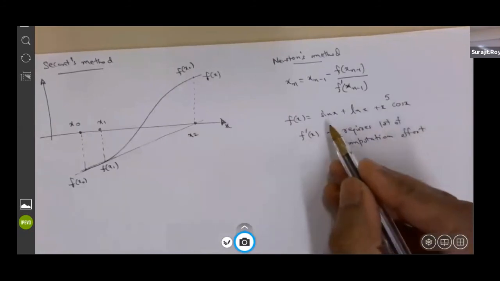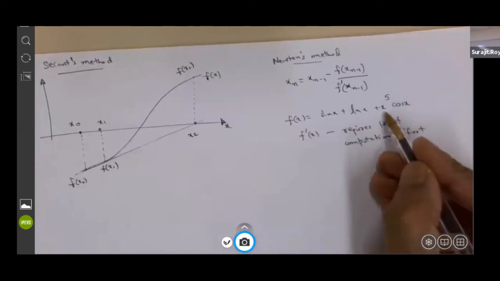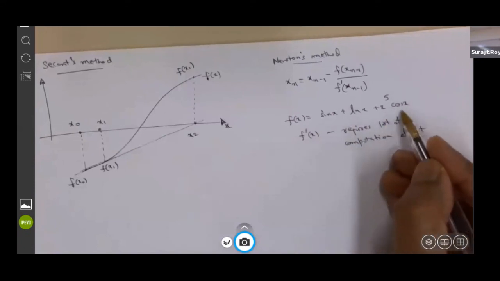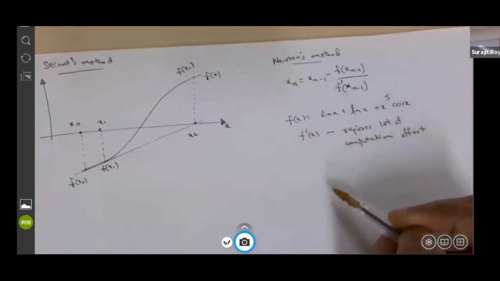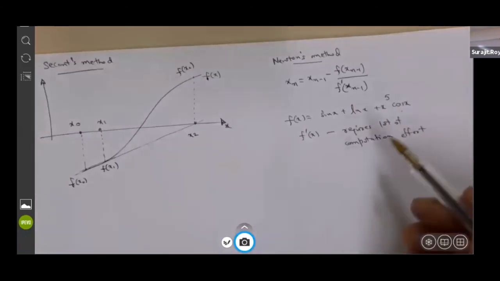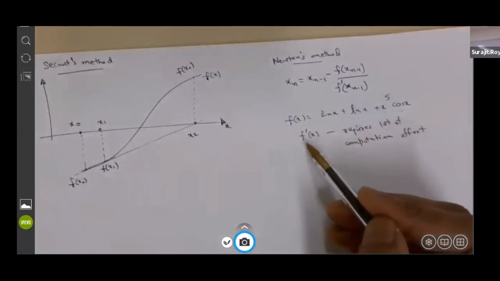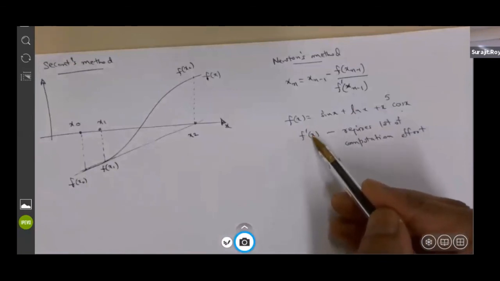You need to take the derivative of this function. You need to take the derivative of natural logarithm of x. You need to take the derivative of this using chain rule. So you have to take this derivative and then evaluate that f prime of x at a specific value. So for every step, you are going to evaluate the value of f prime x.